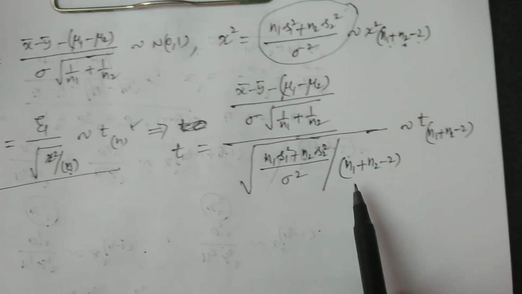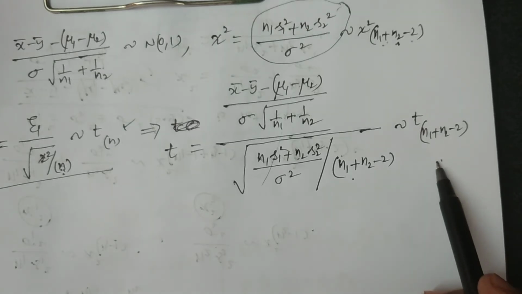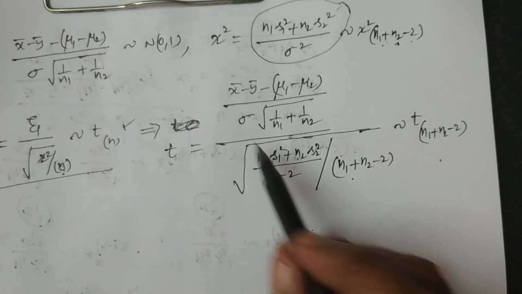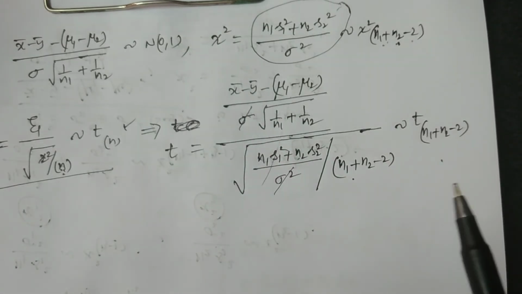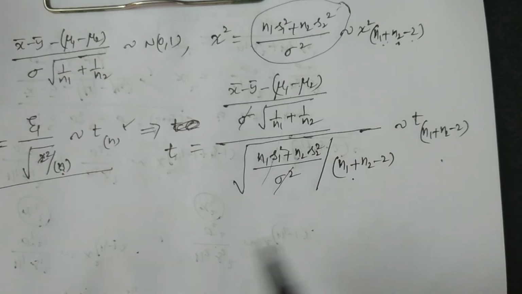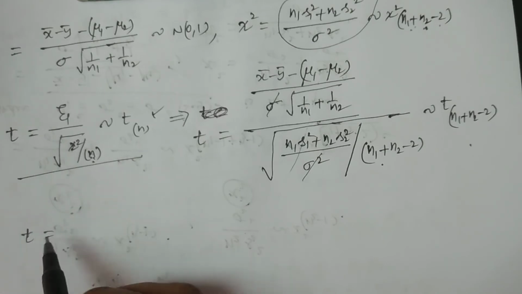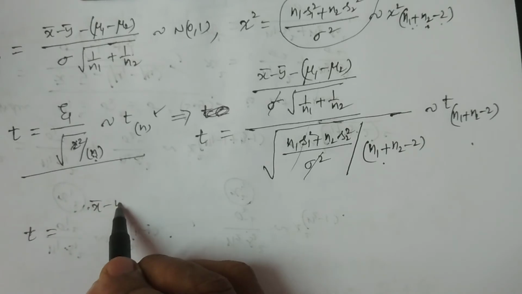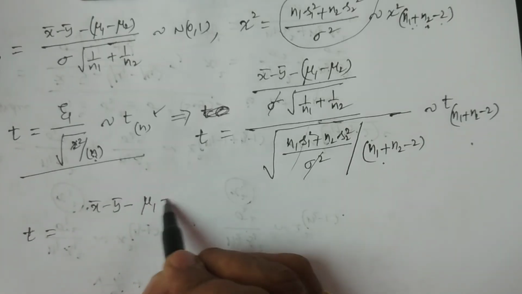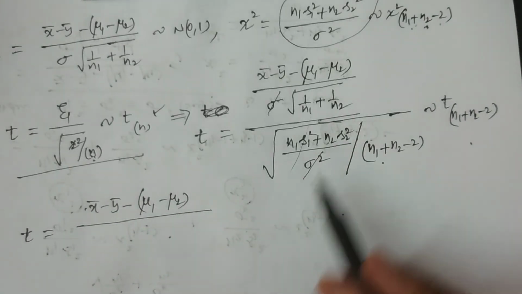Remember, the degrees of freedom of chi-square becomes the degrees of freedom for the t distribution here. That is very, very important. So sigma will get cancelled: root sigma square and sigma, it will cancel. And the remaining terms must be here. So therefore t is finally x bar minus y bar minus of mu1 minus mu2, divided by all the remaining terms in the denominator.